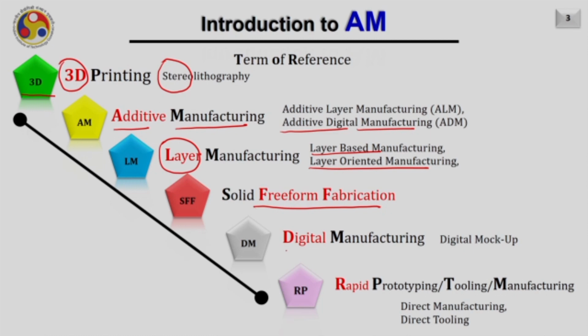When digital is the keyword, it is called digital manufacturing. And when the term rapid is associated, additive manufacturing is sometimes referred to as rapid prototyping, rapid tooling and rapid manufacturing. Now, we shall discuss in detail why these terms are required and what is the meaning behind them.